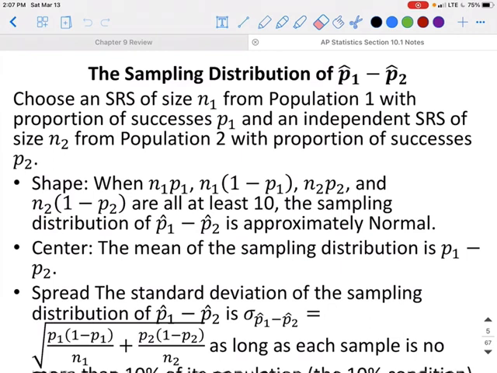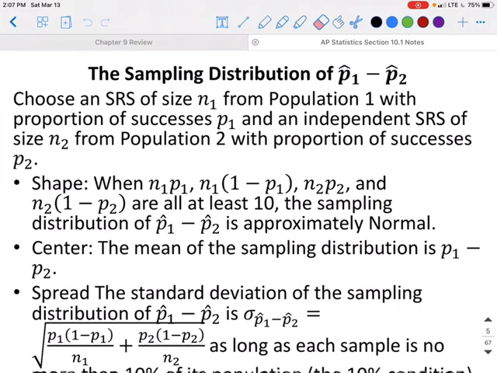When n1 times P1 and n1 times 1 minus P1 are at least 10, we know that it's approximately normal. We do the exact same thing for the second population: n2 times P2 and n2 times 1 minus P2 are both at least 10, so it's approximately normal.